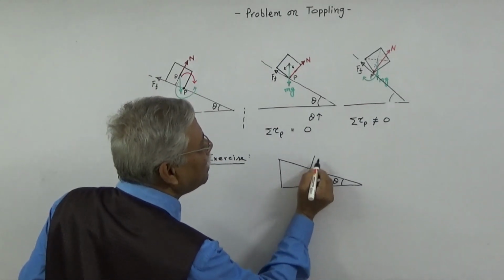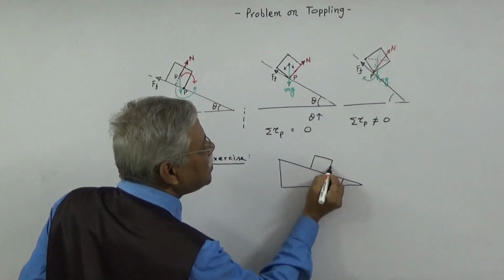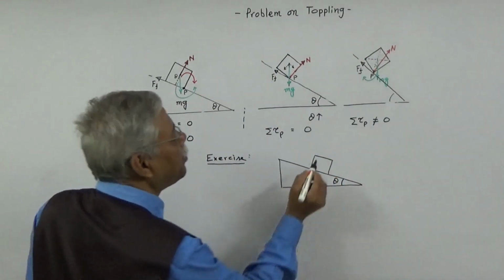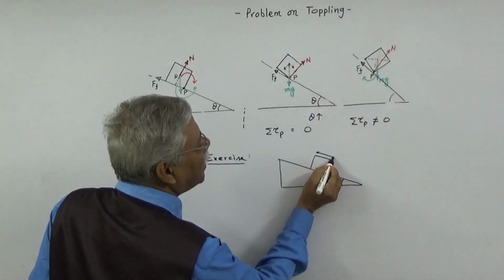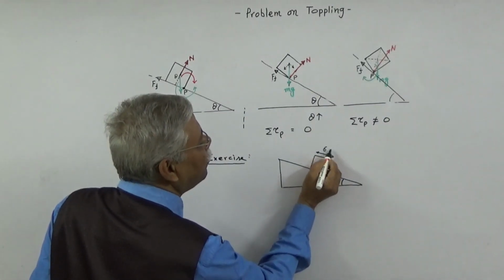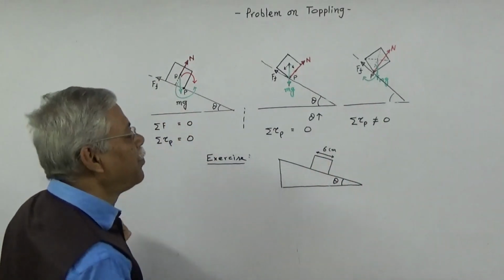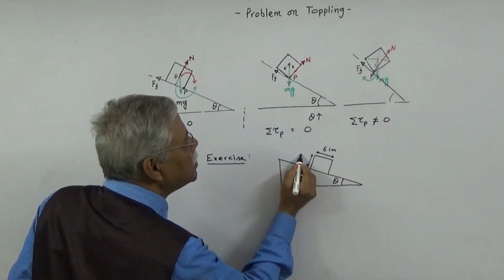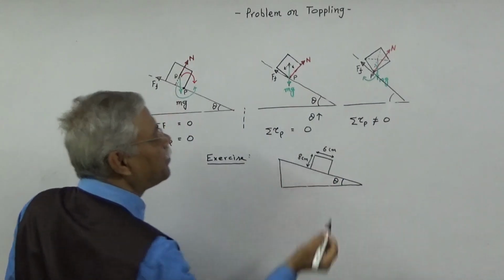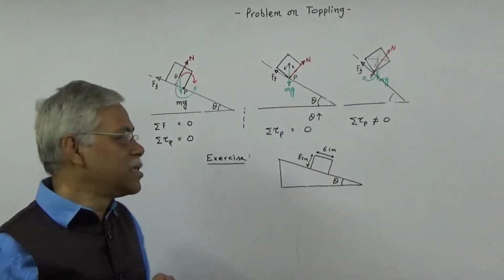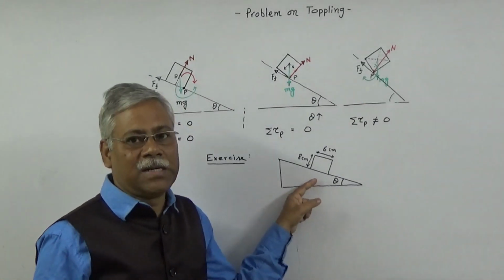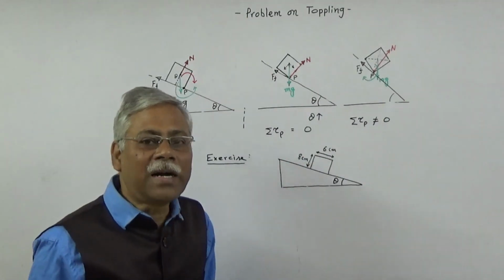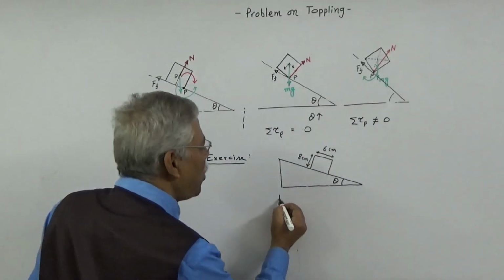On this incline, we have placed a cuboid block. The length of this edge is 6 centimeter. The length of this edge is 8 centimeter. The question is, for what value of angle theta will the body start toppling?